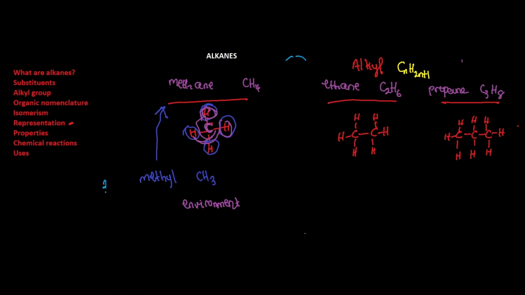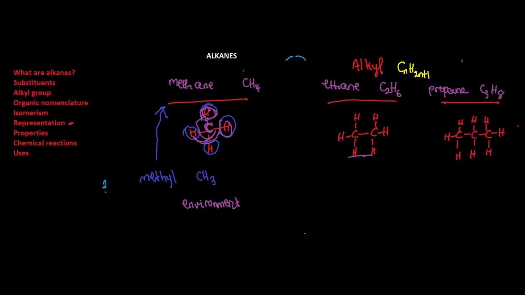A very clear way to see it is from the condensed formula. A way to represent organic compounds is by use of the condensed formula. For methane, the condensed formula is simply CH4. This is the condensed formula, and it's also the molecular formula.